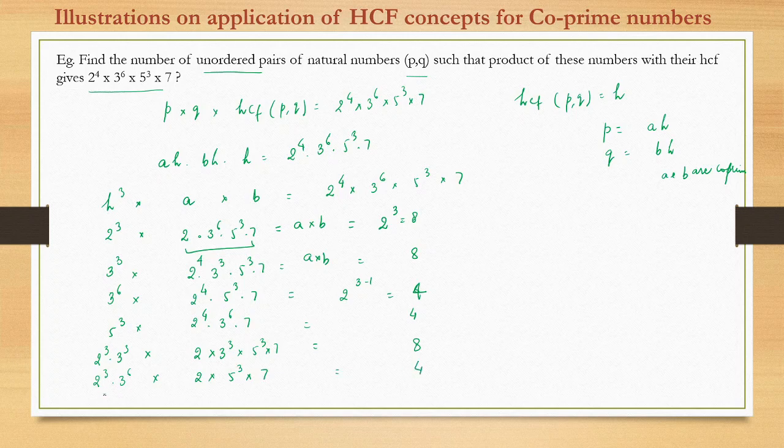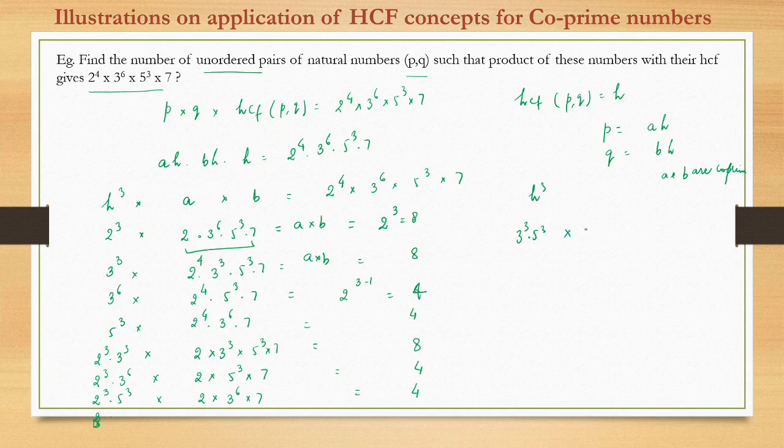Now let us take the next pair h cubed can take, 2 cubed into 5 cubed, and what remains is 2 into 3 raised to power 6 into 7. So this is 4. Now the 2 cubed combination is over, so 3 cubed into 5 cubed. So 3 cubed into 5 cubed is taken by h cubed.